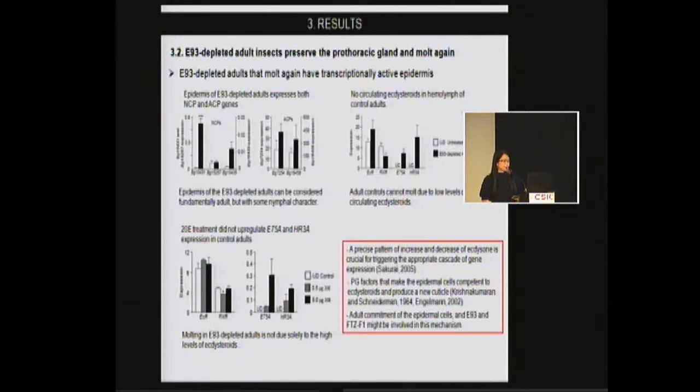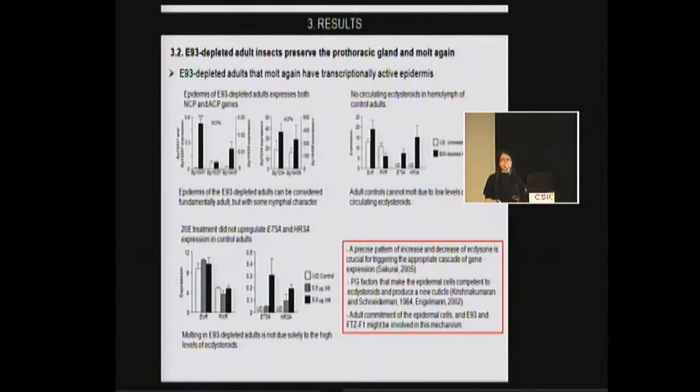So from this result, we presume that the molting in E93 depleted adults is not due solely to a high level of ecdysteroid, but it should happen because there is some factor from the prothoracic gland that makes the epidermal cells competent to the steroid and able to produce the new cuticle.